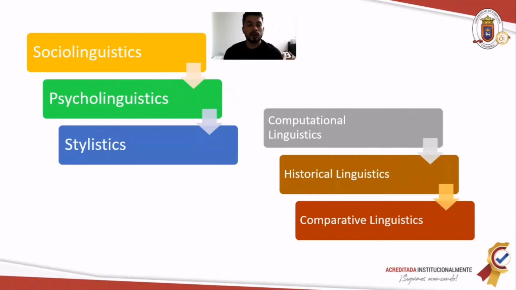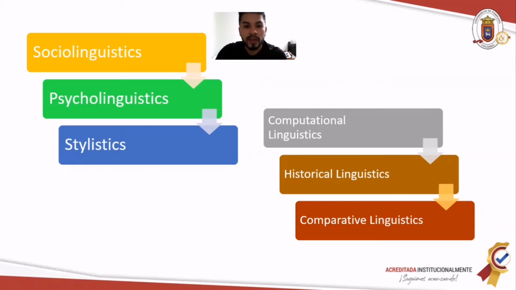We have to take into account that the field of linguistics is vast and covers a range of different subfields. Here are the main branches of linguistics. We have social linguistics, the study of the impact of society on a language.